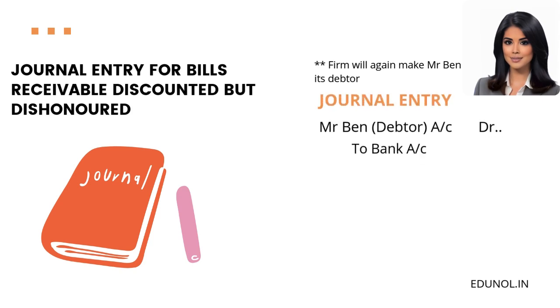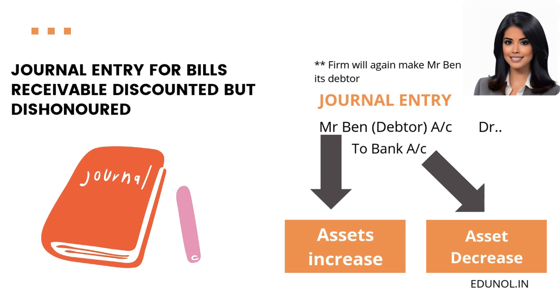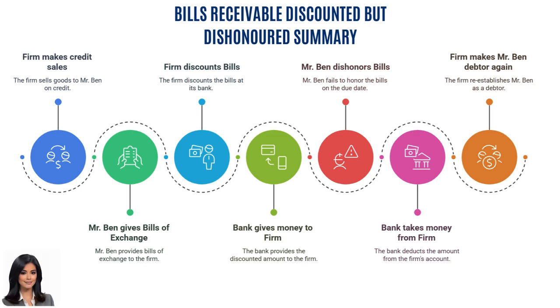Mr. Ben account, who is a debtor, gets debited by 5,000 rupees. The debtors of the firm are increasing again. Bank account of the firm gets credited by 5,000 rupees. This is because money is deducted from the firm account by the bank. This journal entry is for bills of exchange discounted but dishonored. Here is the summary of the whole transaction.